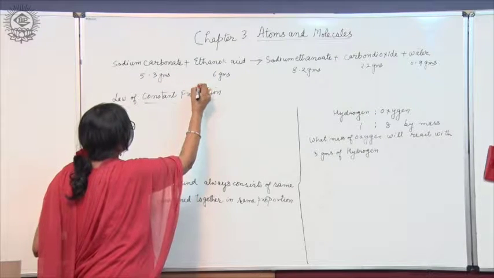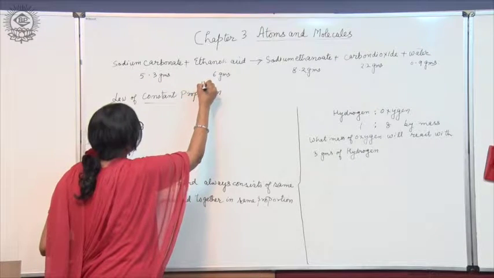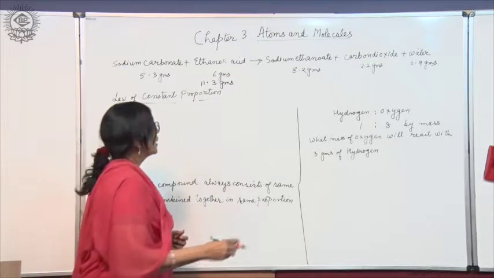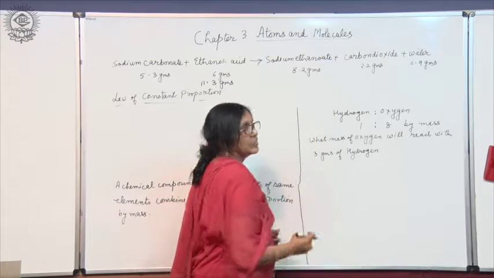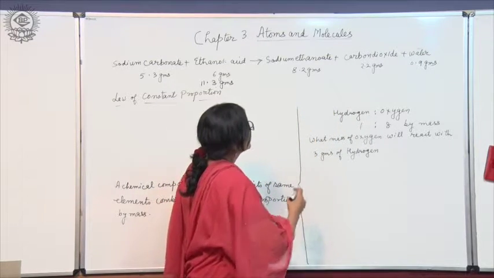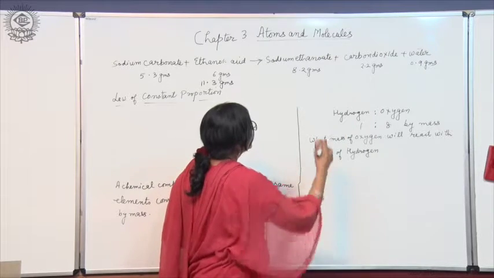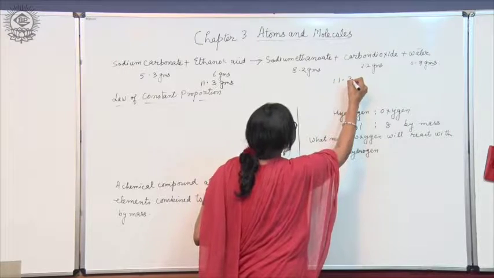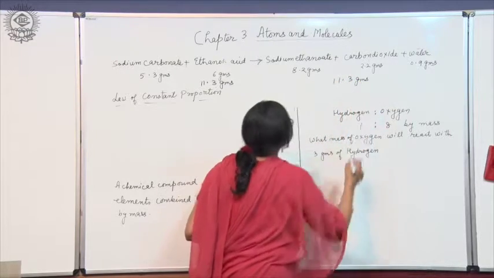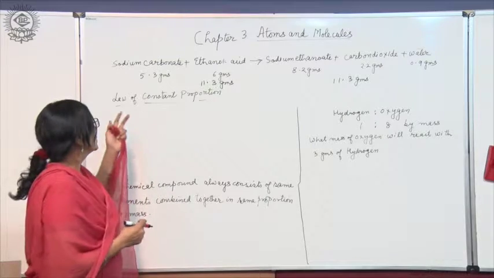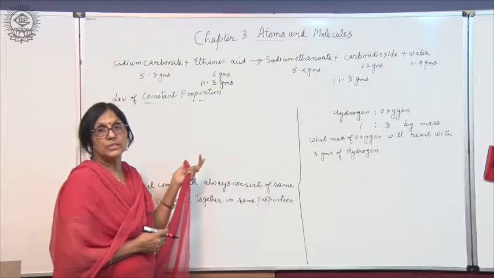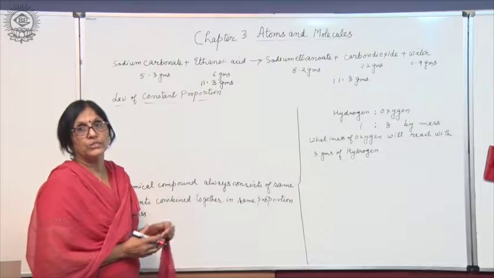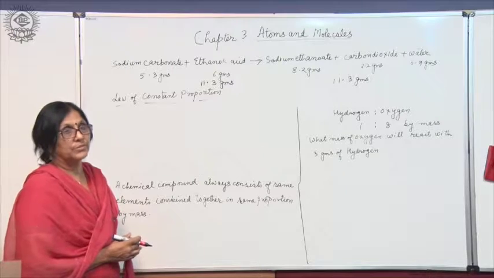By adding this, 11.3 grams. And after the reaction, now let us add the masses of all these products formed. What do we get? When we add all these three masses, we get again the same mass, that is 11.3 grams. That is, mass before the reaction is the same as the mass after the reaction has occurred. So, this proves the law of conservation of mass.